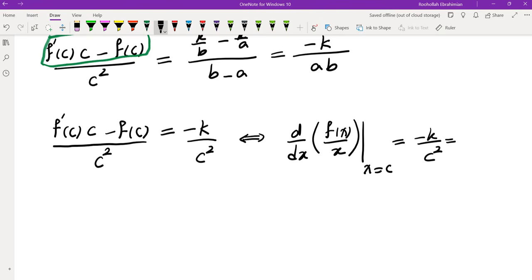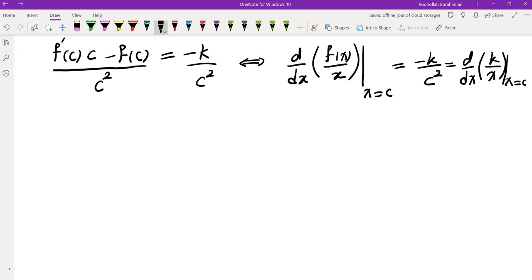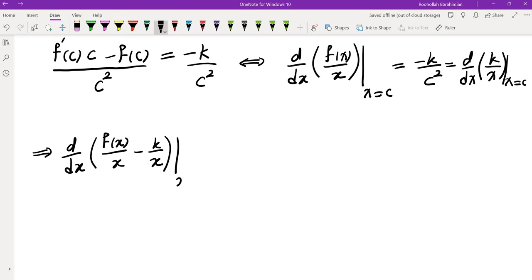But I do notice that this side is also a derivative of k over x at x equals c, because the derivative of k over x is negative k over x squared. So this looks like I should be able to solve the problem. So I'm going to take the derivative on the right side, put it on the left. So this would be the derivative of f of x over x minus k over x at x equals c equals 0.